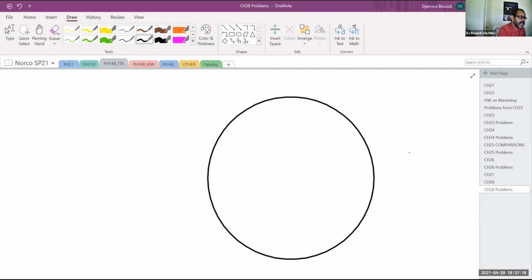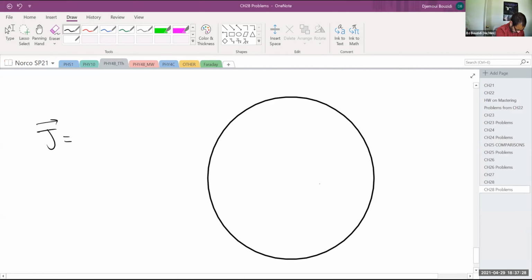The current density in here is given by this expression. J as a vector. The whole radius of this thing is A, and this is the center.